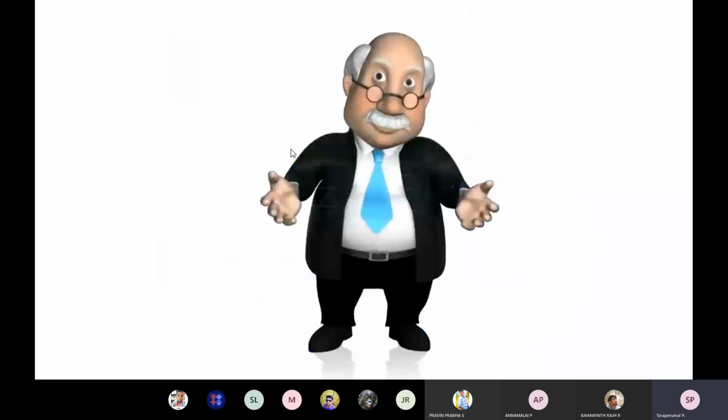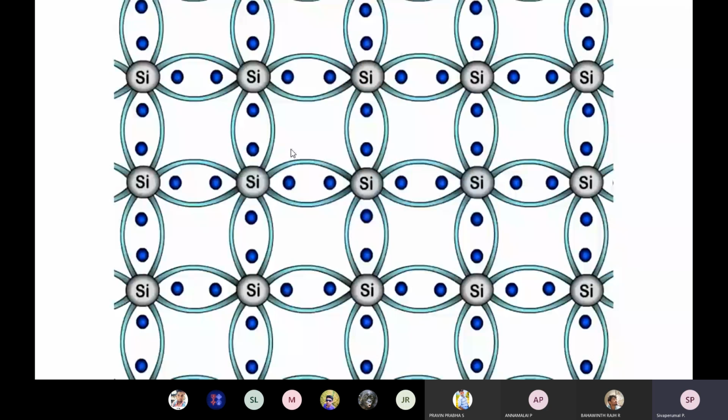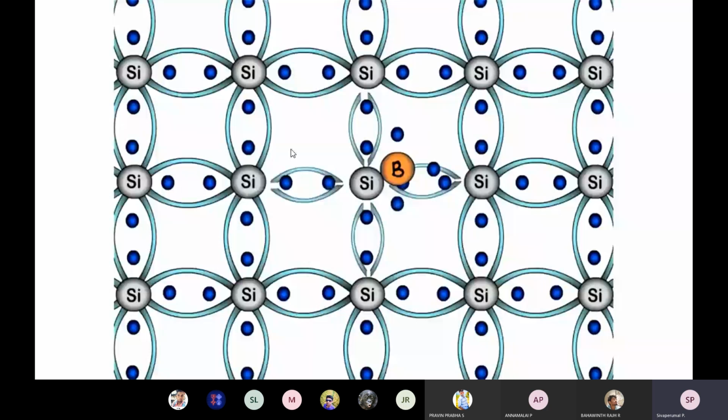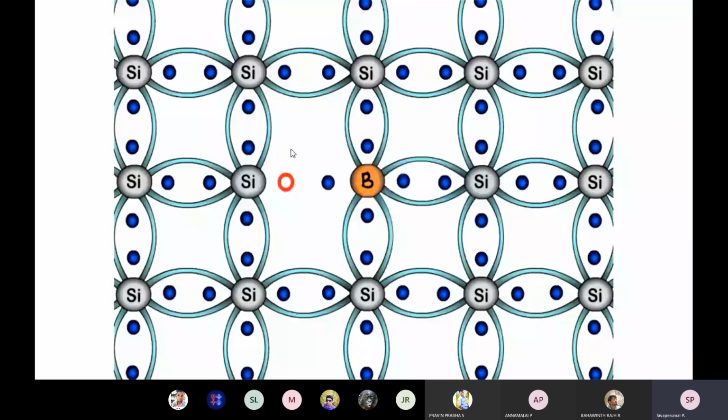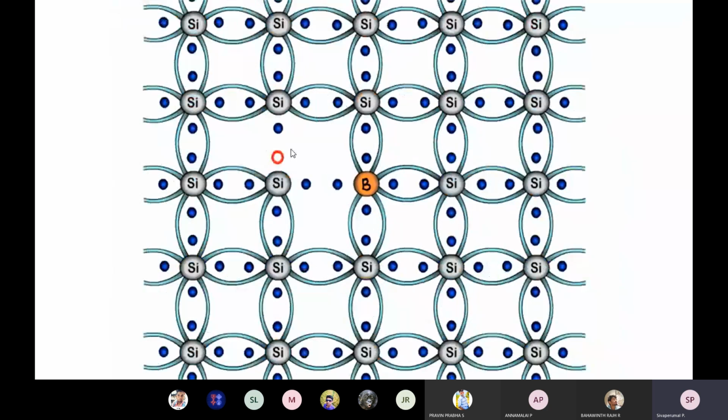Consider the silicon forming covalent bonds, with boron added. This is the extrinsic semiconductor, and the previous one was the intrinsic semiconductor. Here an impurity is added. When you add the boron, the electrons move and collide with each other, and the same thing happens. One electron moves to another place, and automatically a hole is created, the red mark.